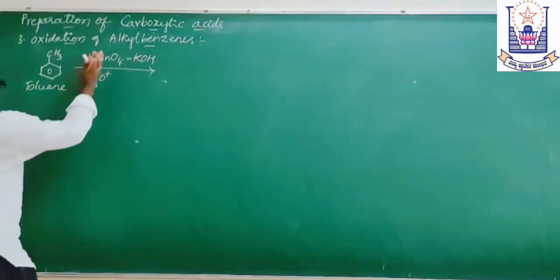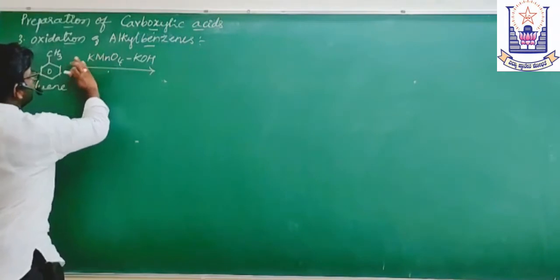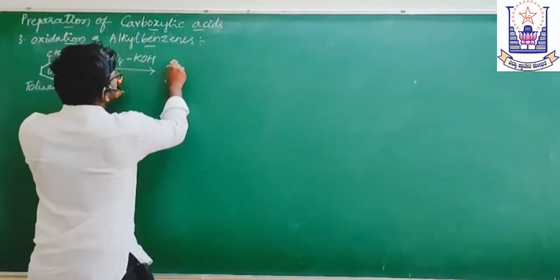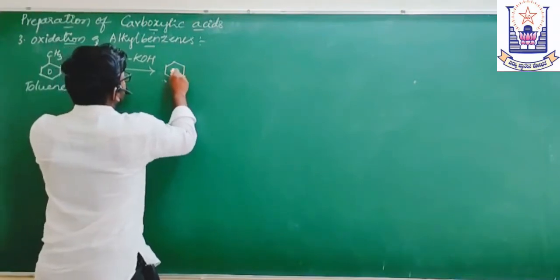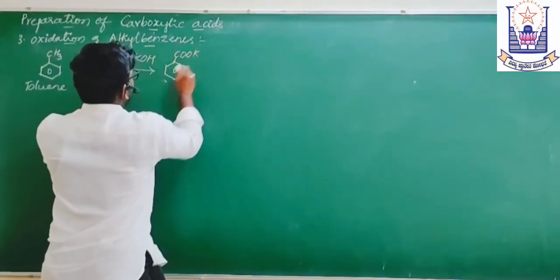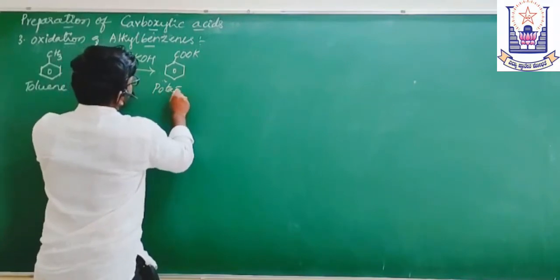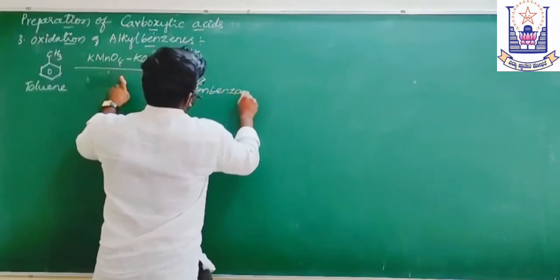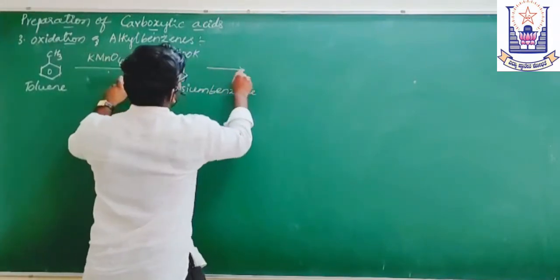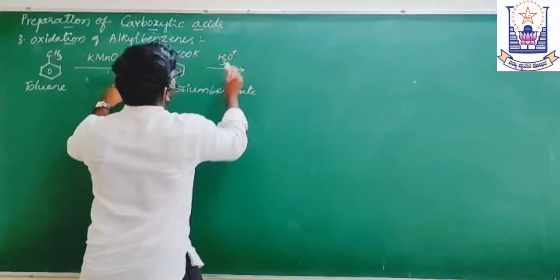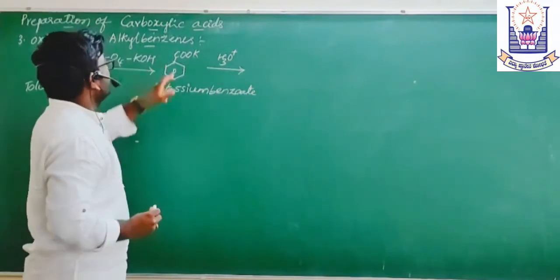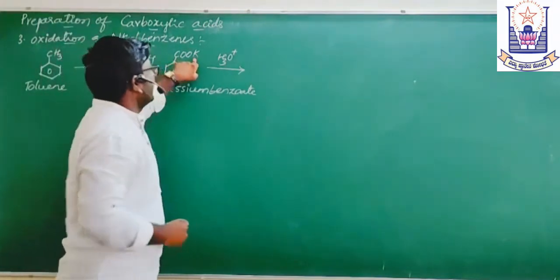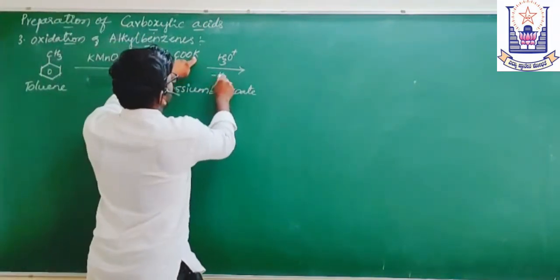Or else I can show you one after the other. When toluene is oxidized with alkaline KMnO4, you will get potassium benzoate, that is COOK. This is called potassium benzoate. When this is acid hydrolyzed, that is in the presence of an acid, the K plus ion will be replaced with the H plus ion, and you can see the KOH coming out.